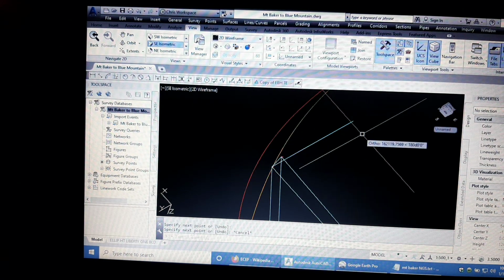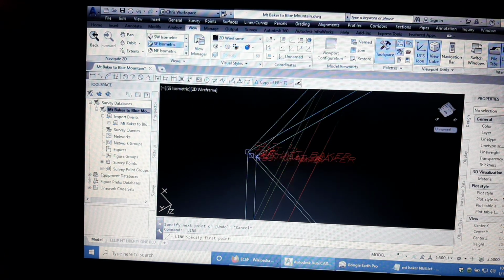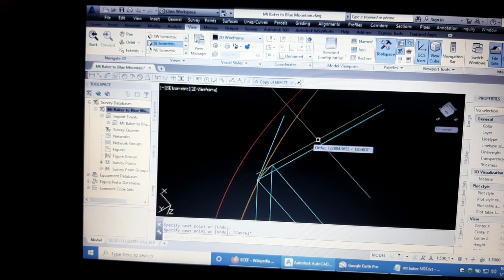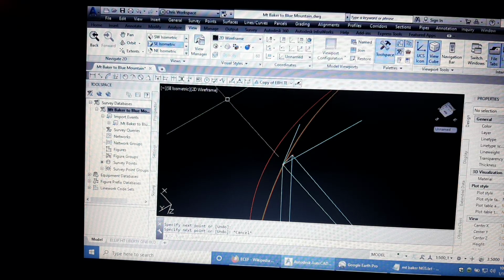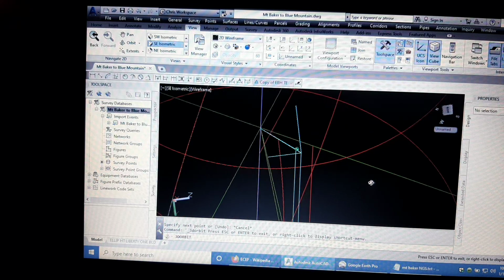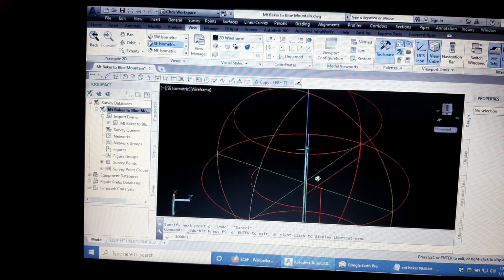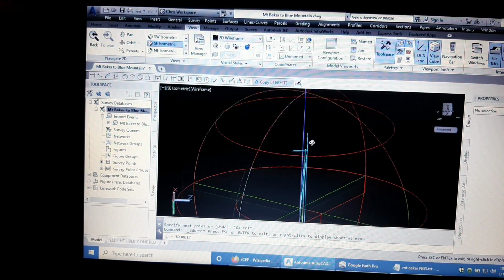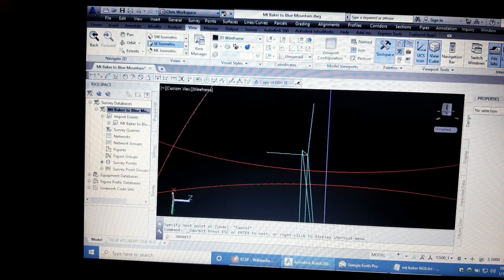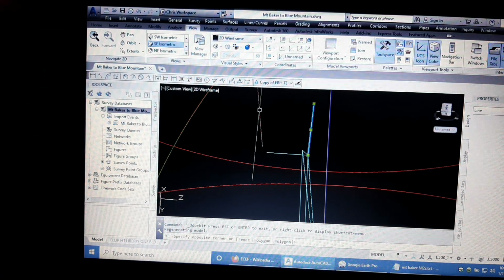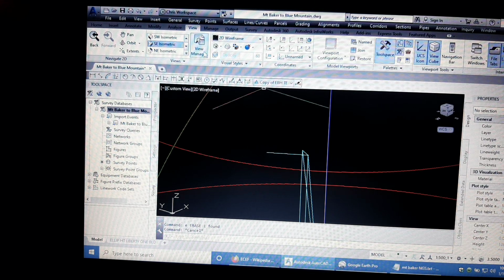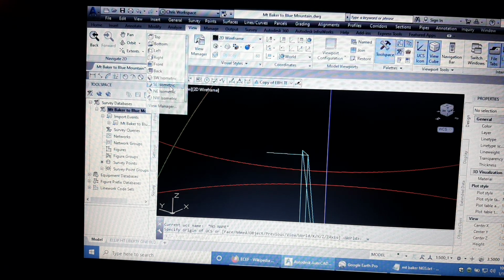So I'll just draw a line this way, and I'll draw one this way. And then I'll rotate it. Okay. See how it's 90? So we know it's not that one. So I erase it. Okay, back to my view.